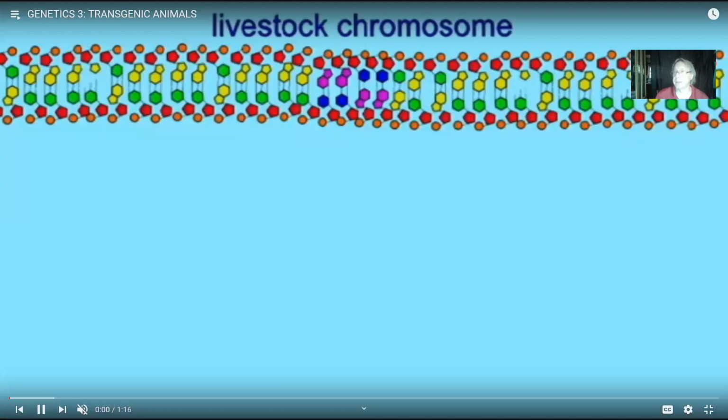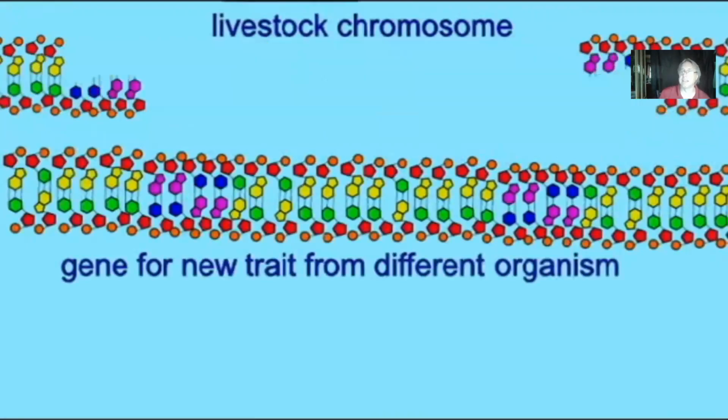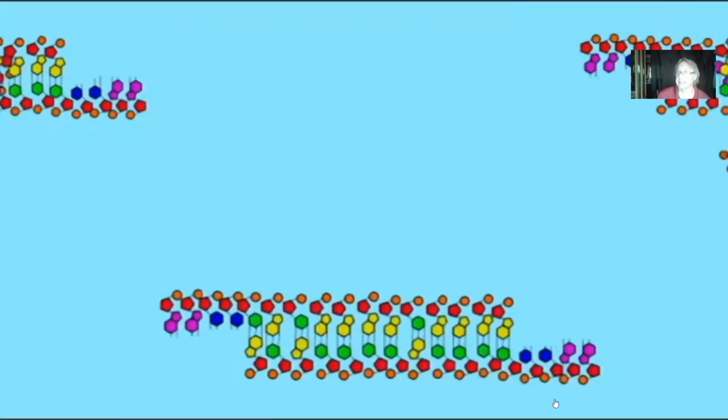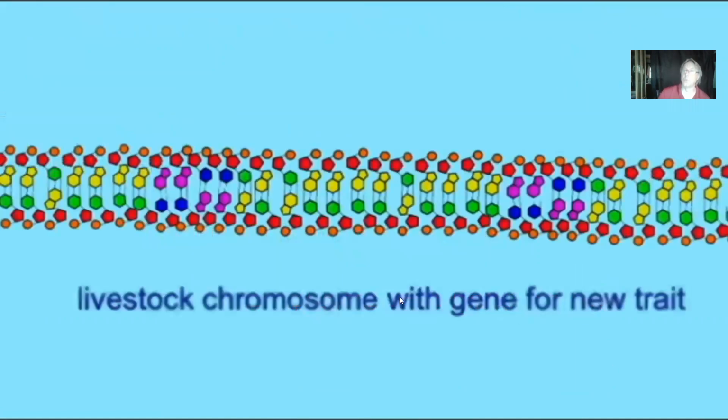Now, this could be an animal that you intend to eat, so that you have changed its DNA so that, perhaps, it is meatier and has less fat. Perhaps it grows to an adult size more quickly. But there are other applications as well.